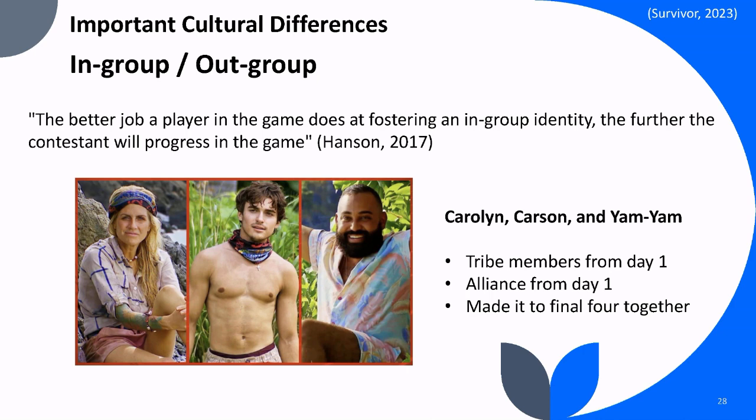Vast age differences, from 20 to 40, vastly different cultural backgrounds, but they were able to take their differences and turn them into a productive work group environment and reach their goal together. They made it to the final four. So that was as far as they could get together. And they did it because they stayed true to their in-group.